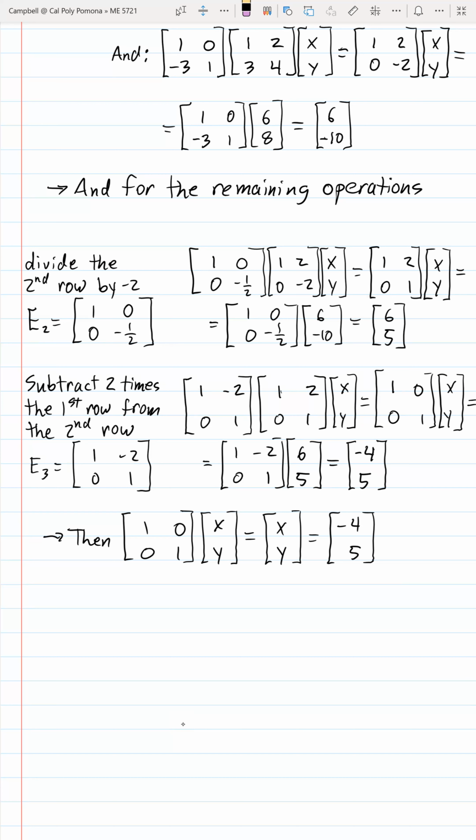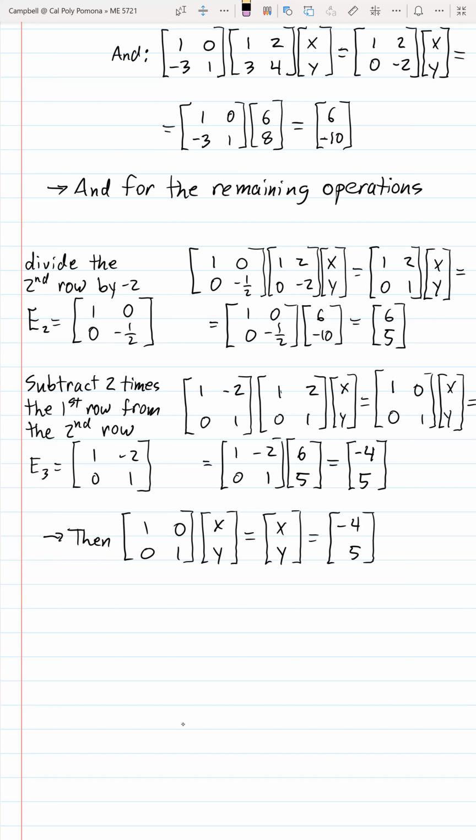Now, as I mentioned before, this idea of multiplying in this particular fashion and having that sequence of matrix multiplications end up at the identity matrix was not by accident.